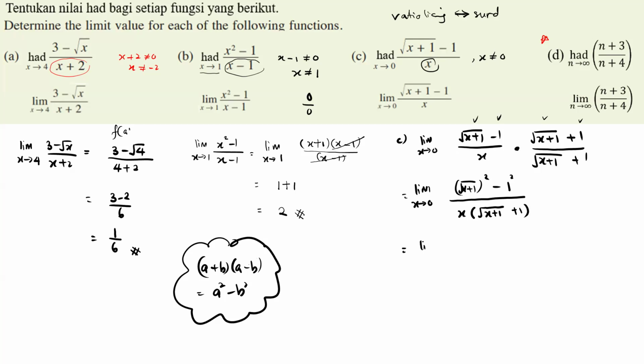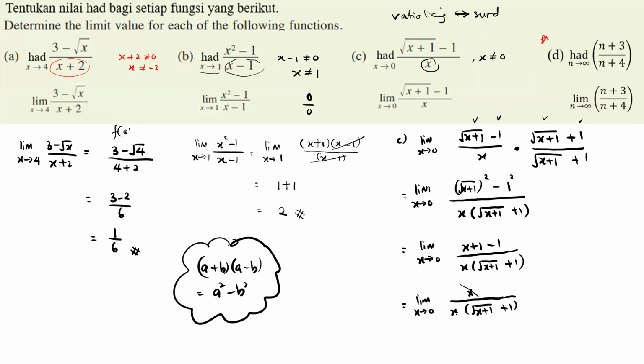Okay, so we will have, open up the bracket, x plus 1 minus 1 over x times square root of x plus 1 plus 1. Can you see that x plus 1 minus 1 is actually x, and the x can be simplified with the x at the bottom part, isn't it? x over x times square root of x plus 1 plus 1.